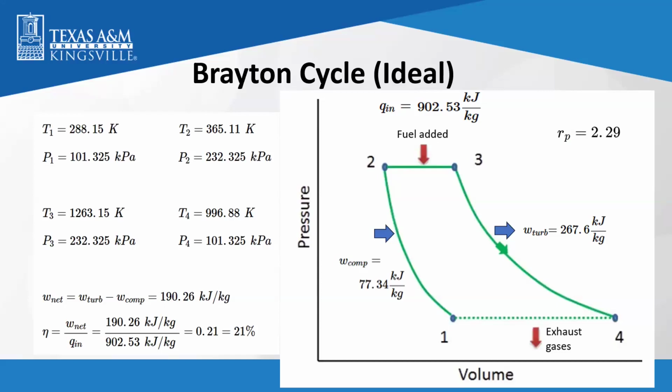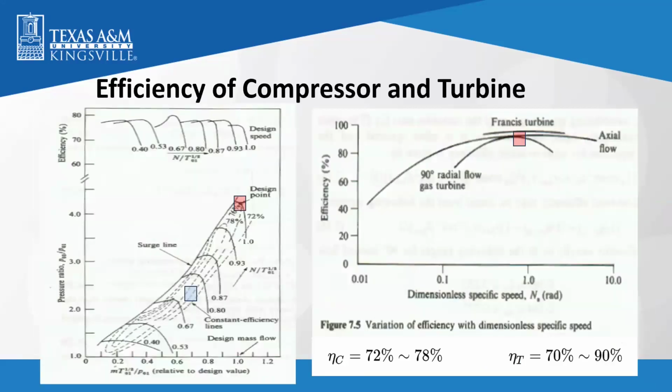But this is the ideal case. In the actual case, we will have less efficiency due to the pressure loss in the combustion chamber, and also the efficiency of the compressor and turbine. So with these graphs, we can assume the isentropic efficiency of the compressor and turbine.